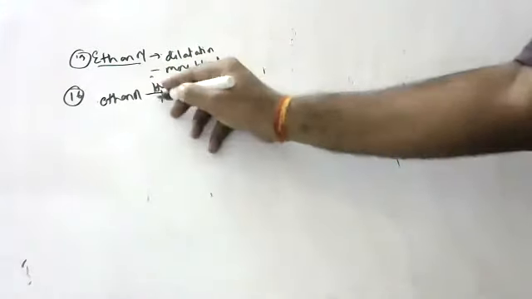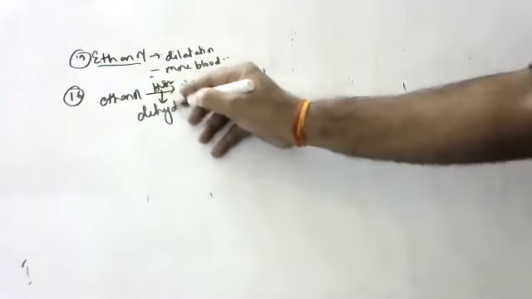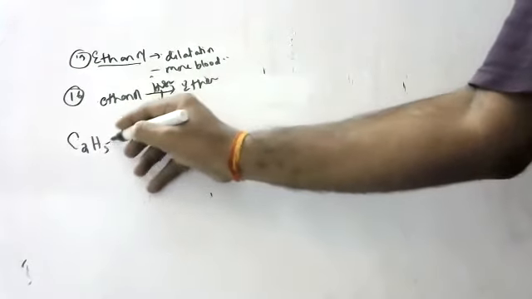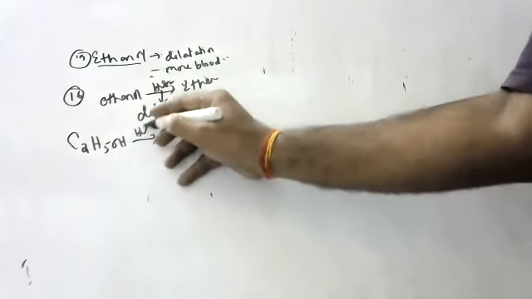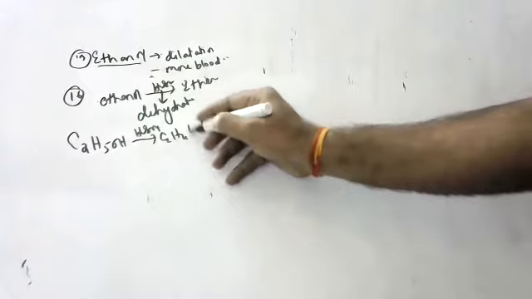Sulfuric acid acts as a dehydrating agent, removes water. I will show you the reaction. C2H5OH, when you add sulfuric acid, you'll get C2H4 plus H2O.